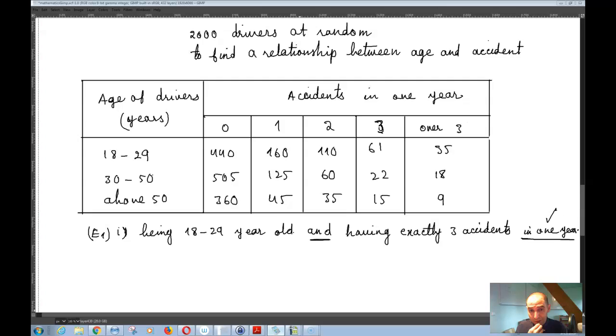Okay, so what that means is that we have run the experiment 2000 times, meaning for 2000 drivers.